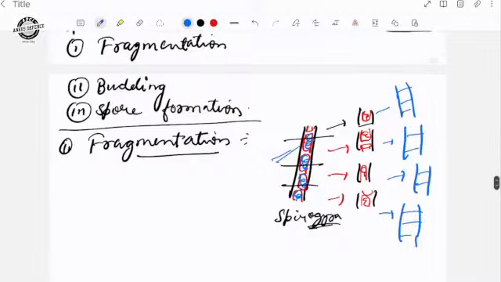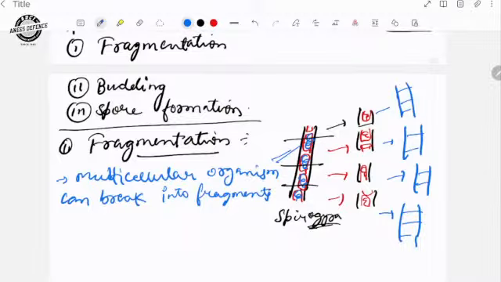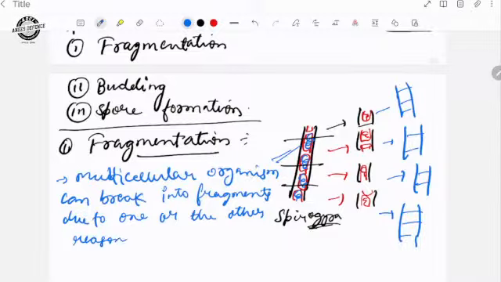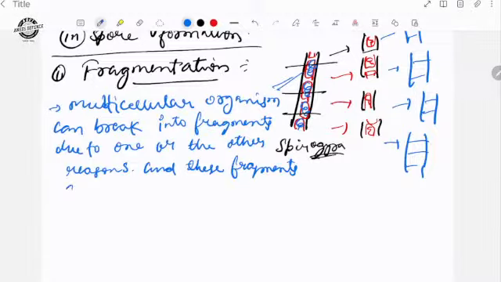Spirogyra. Means we can clearly say that if we want to write the definition: a multicellular organism can break into fragments due to one or the other reasons, and these fragments grow into new individuals.